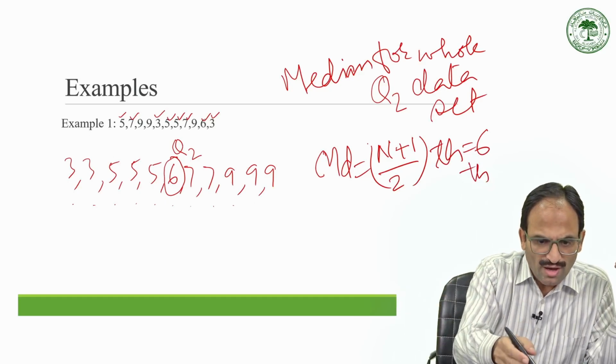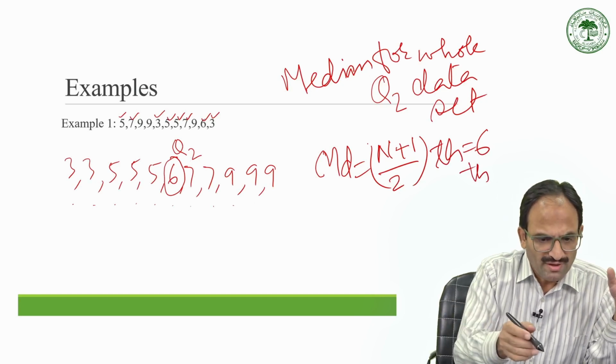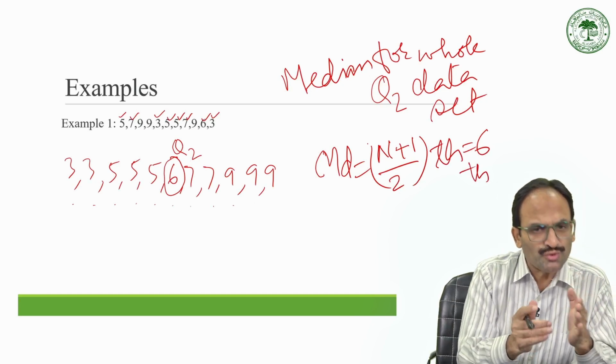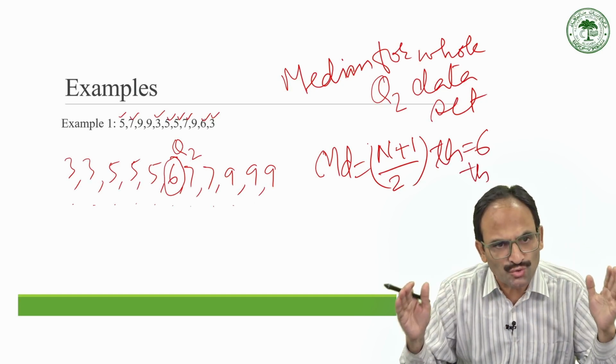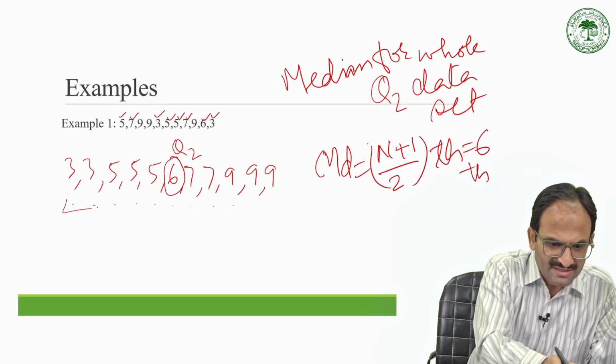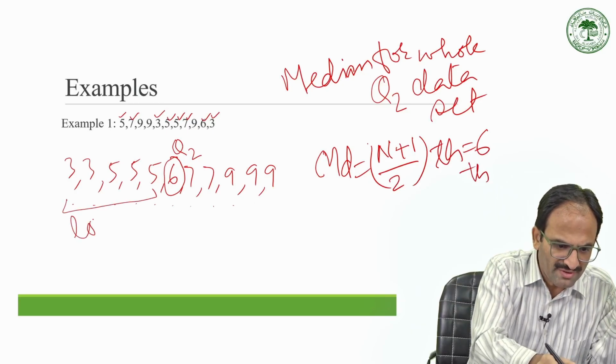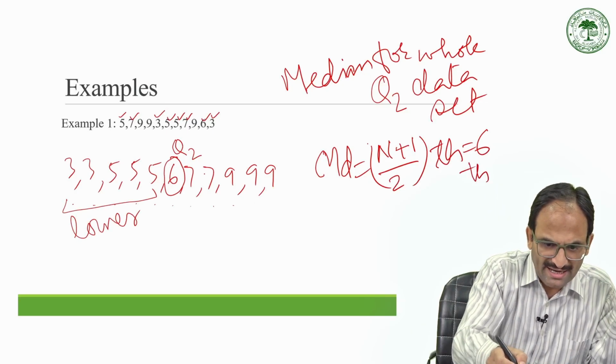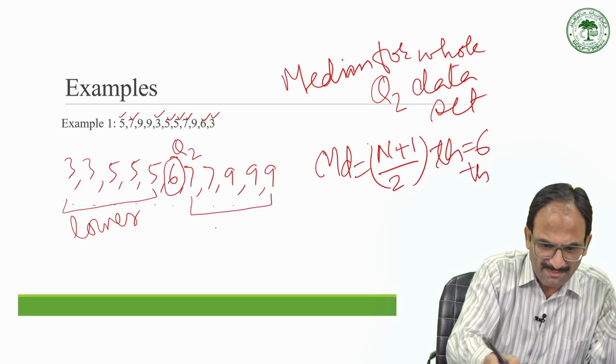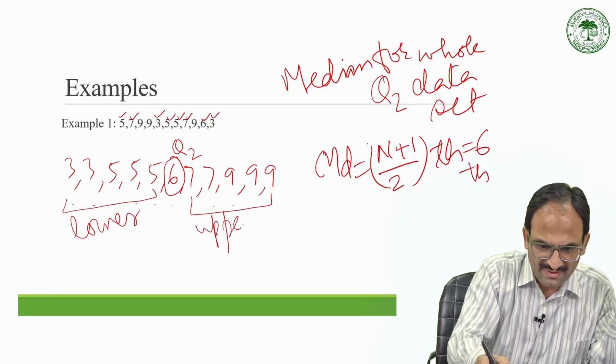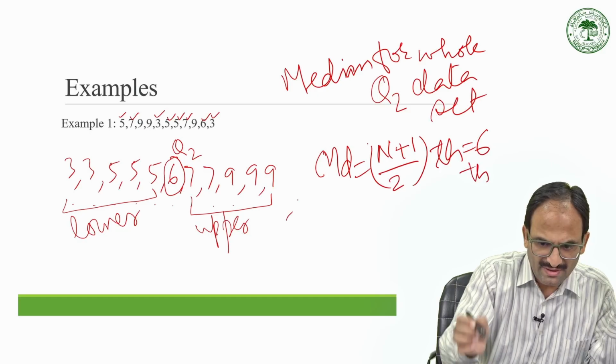Now, after calculating the median, this Q2 divides the whole data into two halves. One is the lower half and another is the upper half.